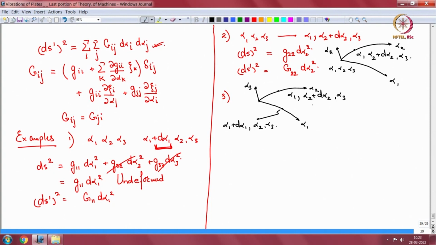So what is the distance between these 2 points? And then what is the deformed distance?